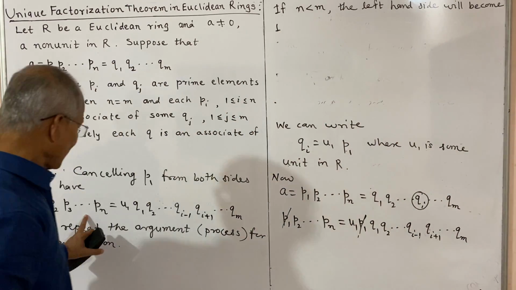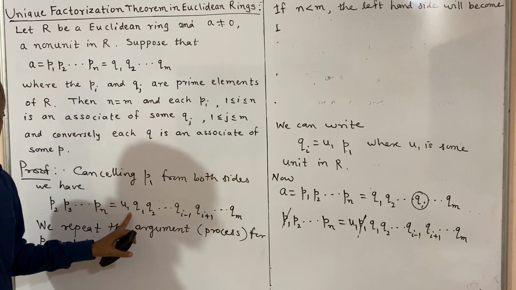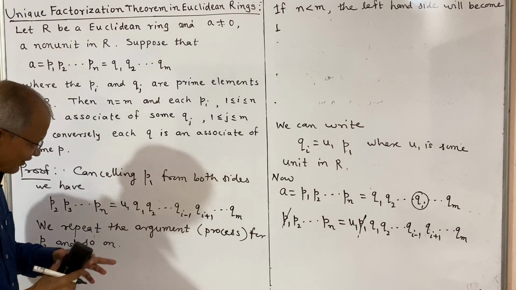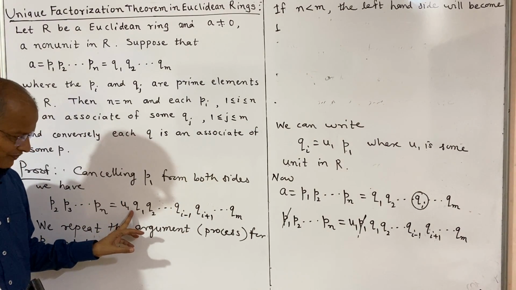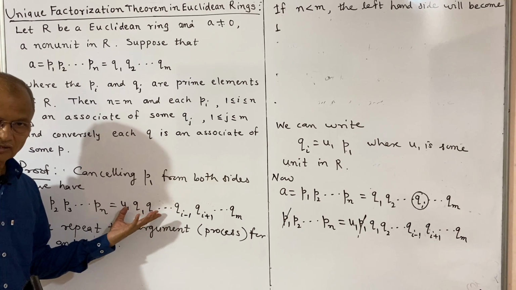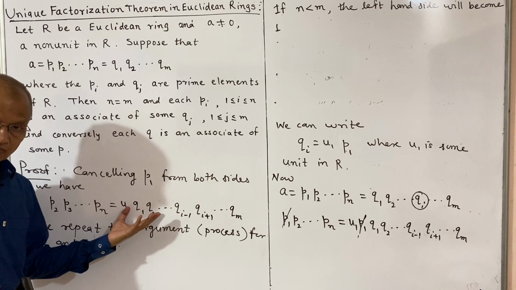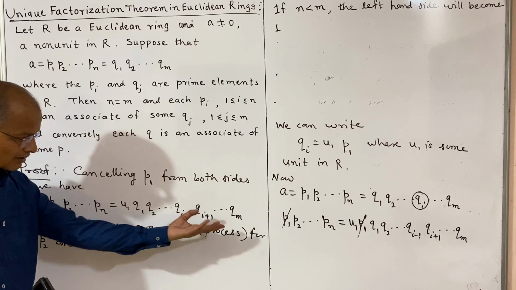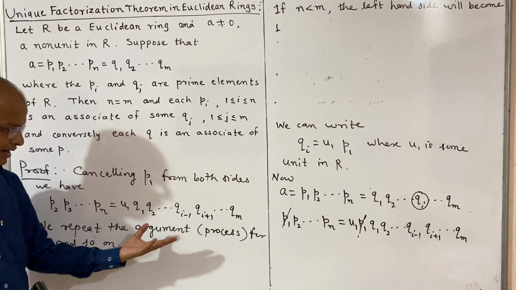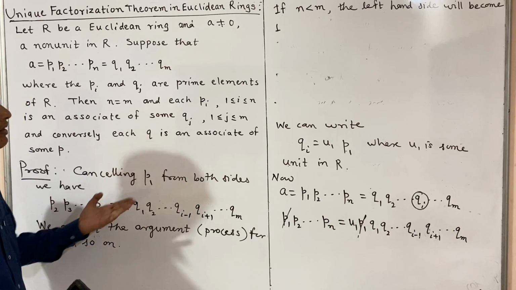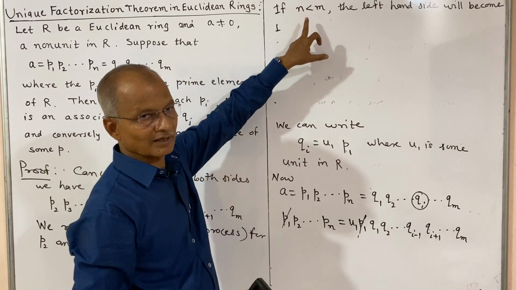And what will happen on the right hand side? On the right hand side, every time one unit will be introduced. So there will be a product of some unit elements, some units, and some Qi which are in excess, because we have written m is greater.